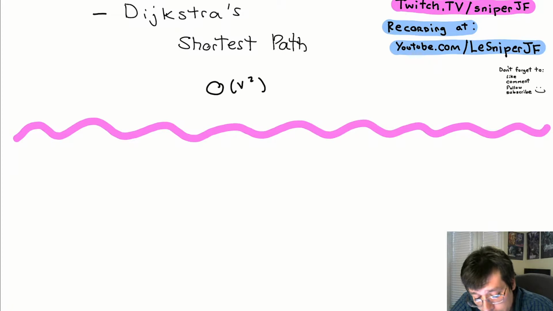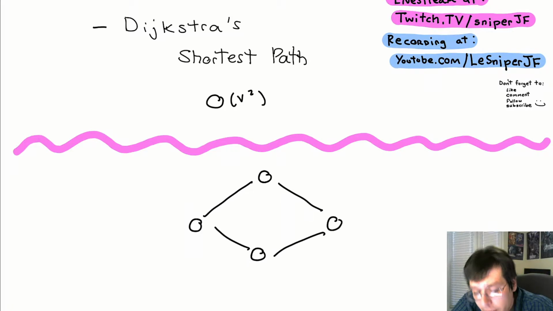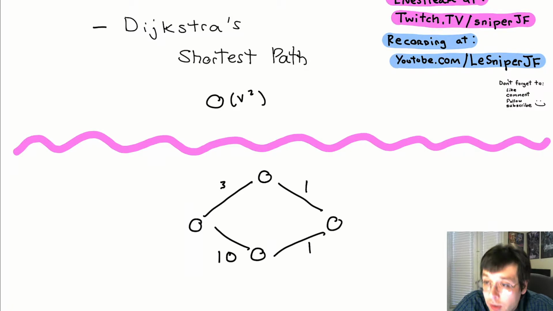So in the most basic example, say there's a graph with 4 vertices, and it's undirected, although this will work with directed too. And if we have something like this, I tell you this edge weighs 3, this edge weighs 10, and this edge weighs 1, and this edge weighs 1 as well.